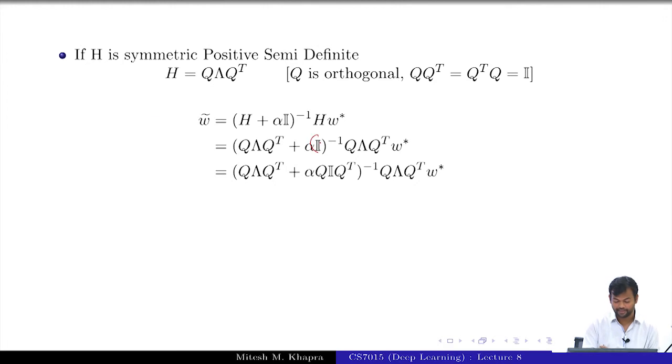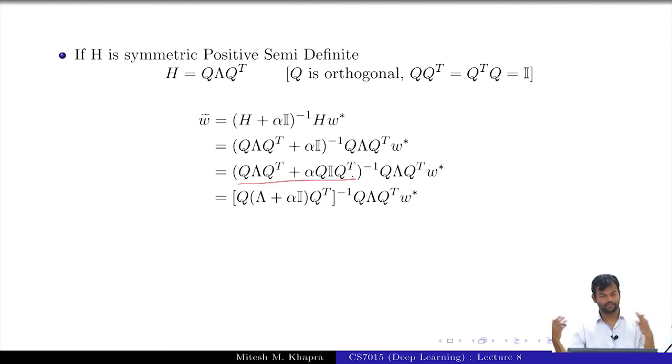What I've done is I've replaced this I by this, and it's valid because Q Q transpose is just equal to I. I've just taken Q and Q transpose as common, right? So this is like ACB plus AZB, so I've taken A and B out, right? Okay, is that fine? Now what's the next thing I'm going to do?